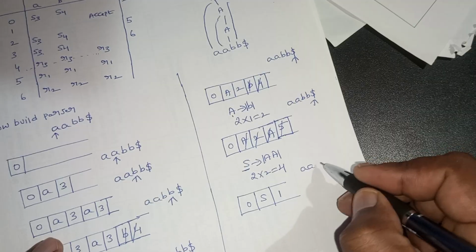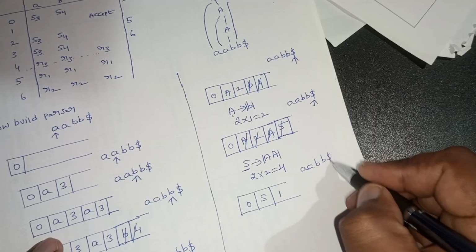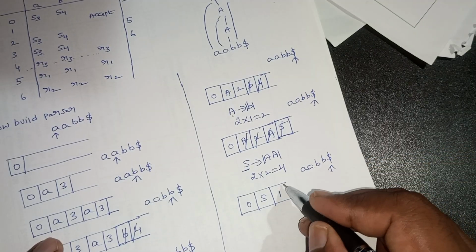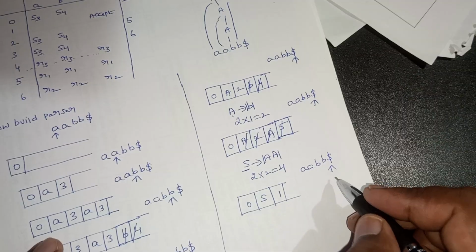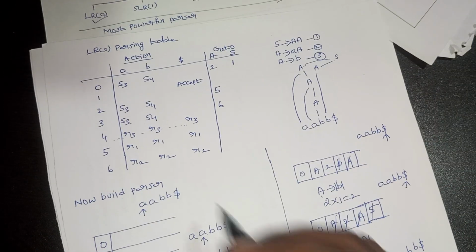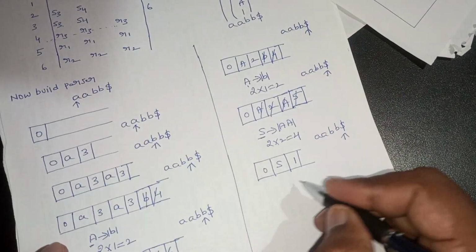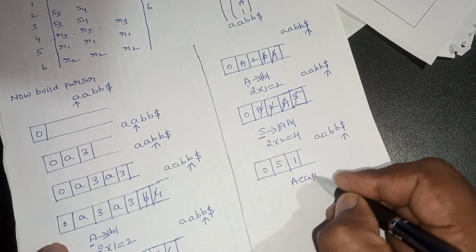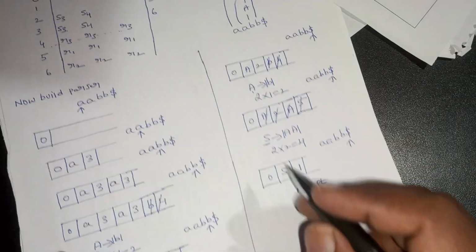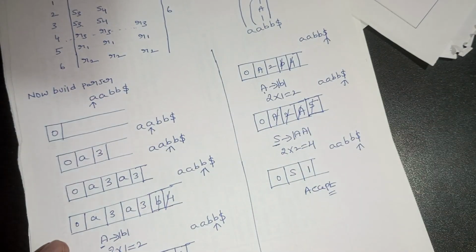A B dollar. So now what is the top of the stack? 1 on dollar. What is 1 on dollar? It is accept. Write accept here. Now this is my output. I'm writing it here separately.